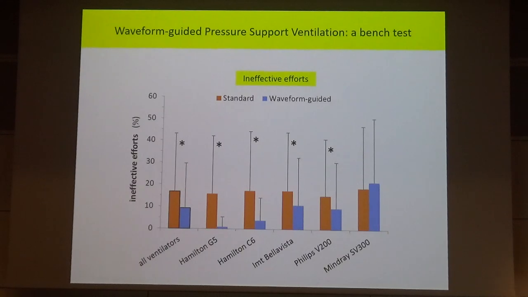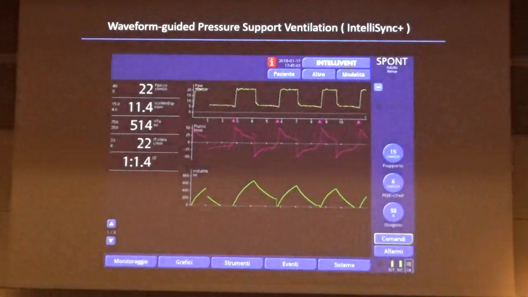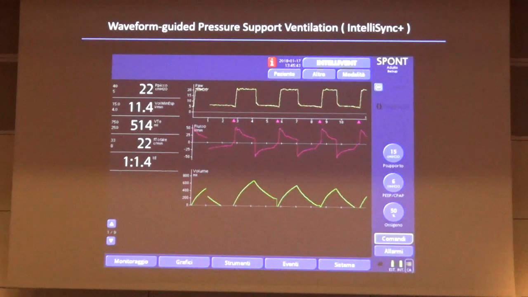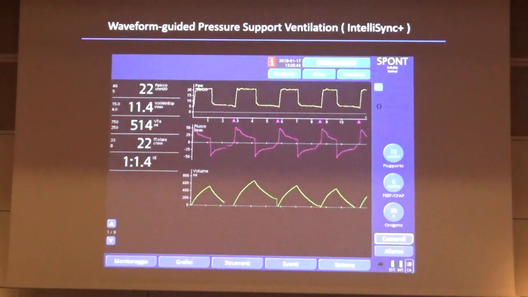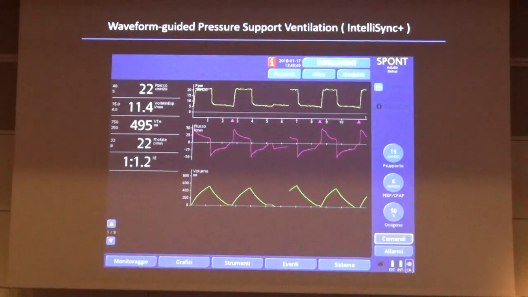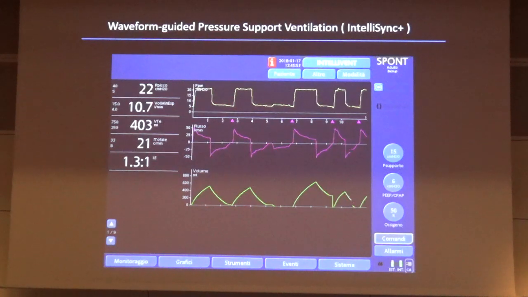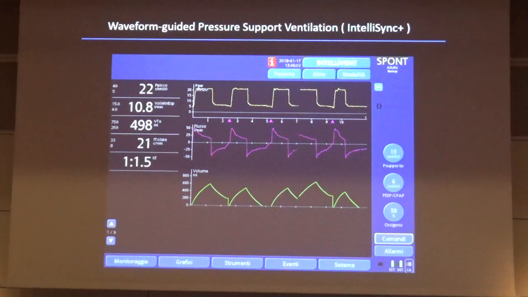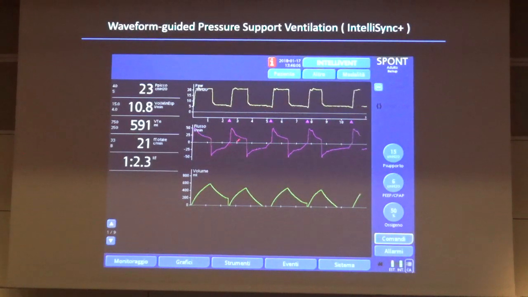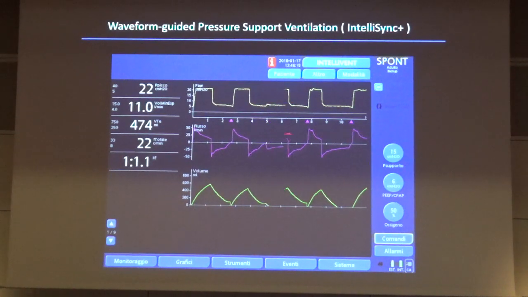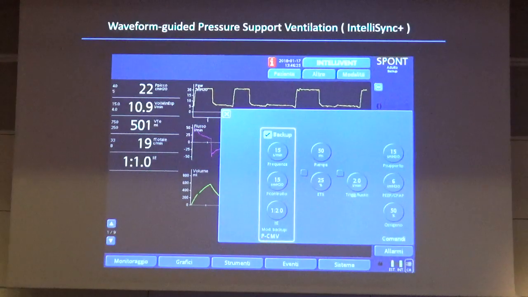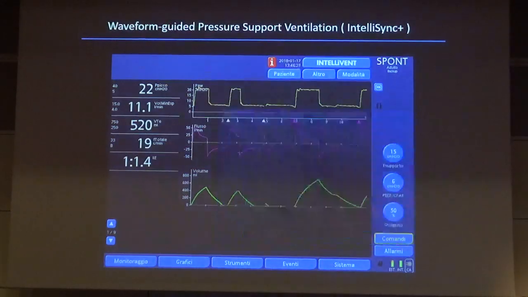I can show you just an example on a real patient. This was a very difficult to assist COPD patient. You see on waveforms late cycling, trigger delay, and ineffective efforts as well. And this is with the default setting of trigger and cycling.